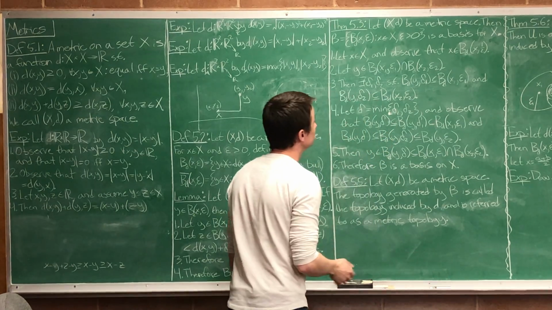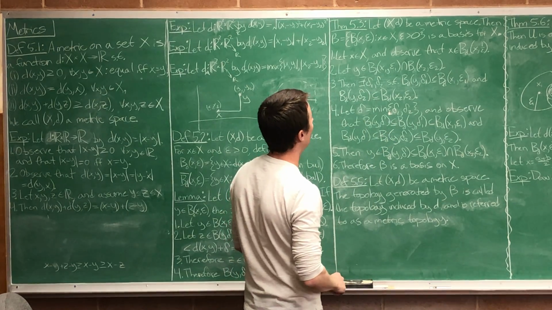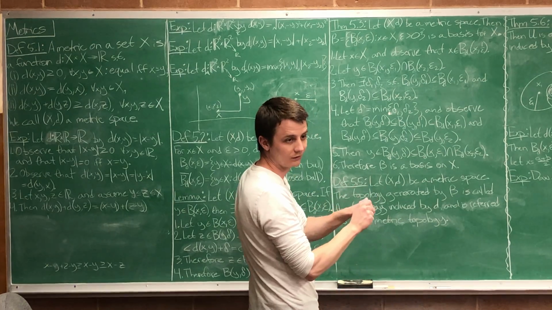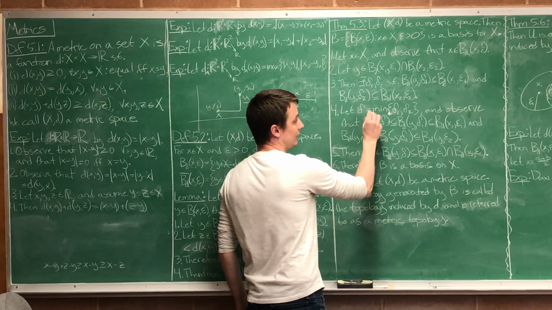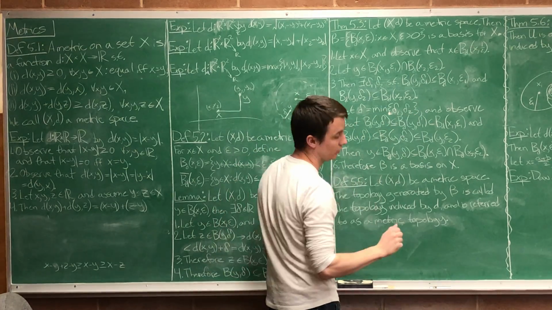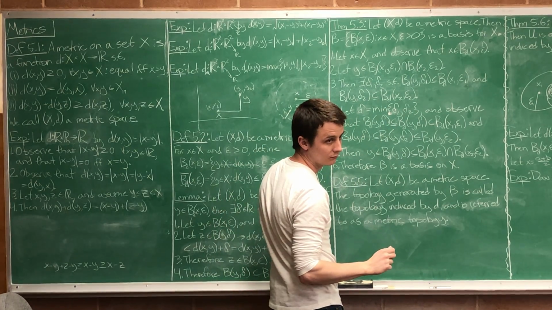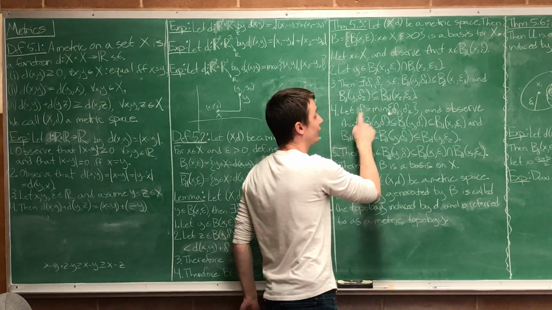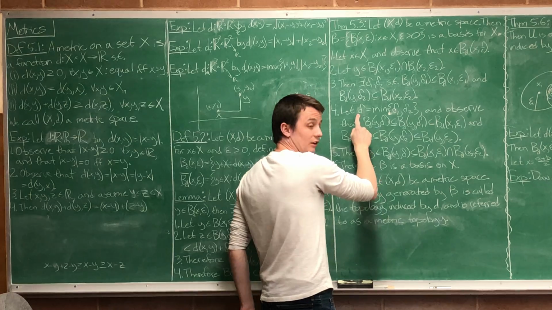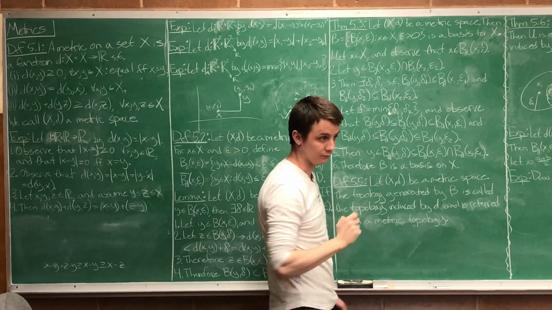Now what do we do? Do we just intersect the two? No, because the intersection of two balls isn't necessarily an open ball. So now I'm going to let delta equal the minimum of delta 1 and delta 2. So delta is for sure less than or equal to delta 1, and delta is for sure less than or equal to delta 2.